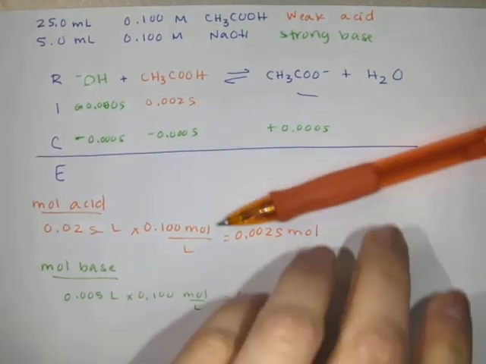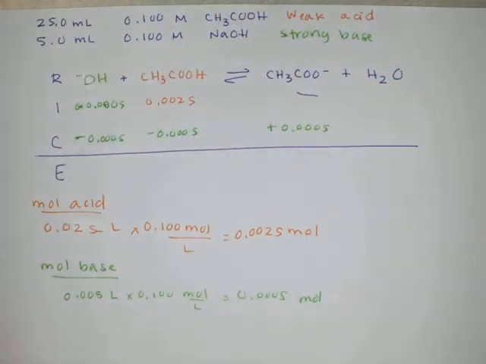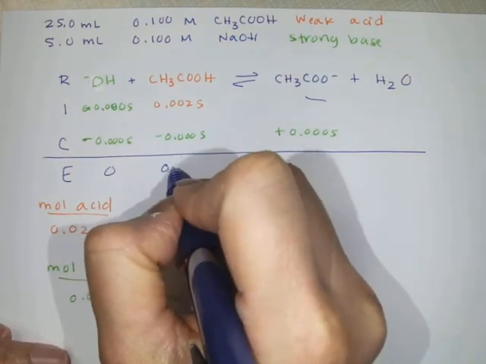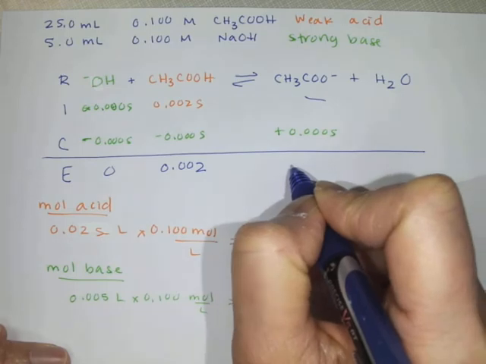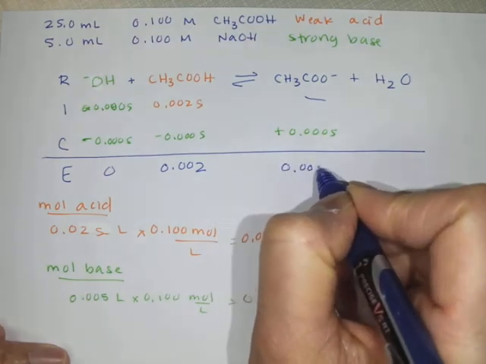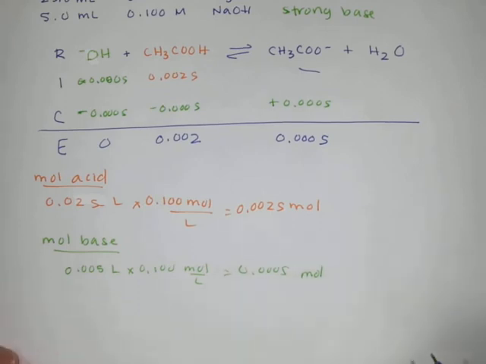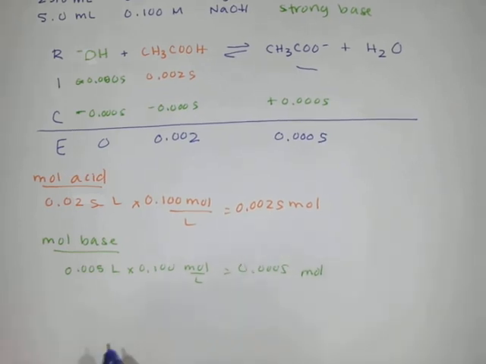Okay, so we end up with 0 here, this is 0.002, and this is 0.0005. So again, we're going to use the Henderson-Hasselbalch, and so we need to get the molar amounts.